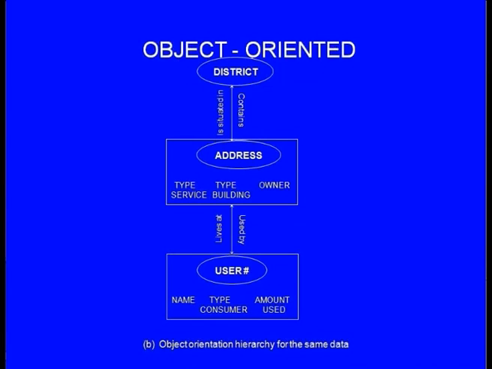Within this it will have data information regarding where the district is located, or whether this district contains this particular address. Once we go to the address, it will find different types of information, that is the type of service they require, the type of building which is there, and the owner. Details regarding the owner could be in terms of the name, the type of consumer, and how much money he probably spends.